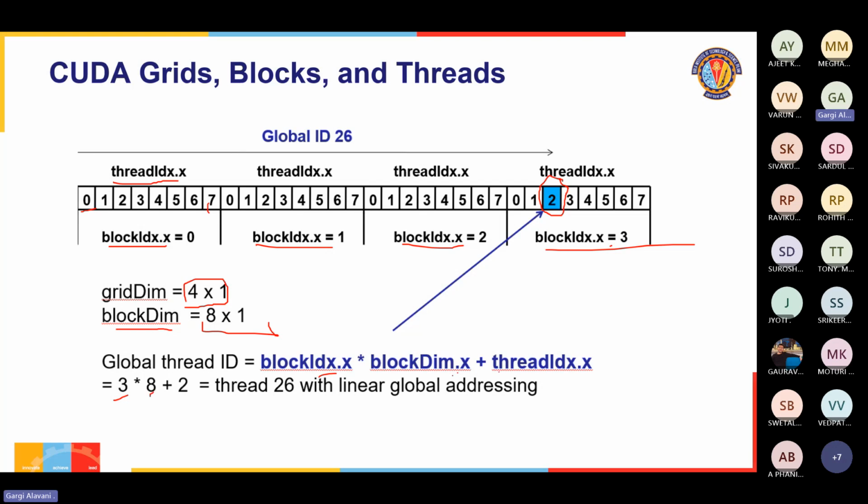And in this block, what is the thread index? In this case, it is 2. So with this, we calculate that 26 is the global ID for this thread in this particular example. Is this clear? Yes, ma'am. Any doubts here?